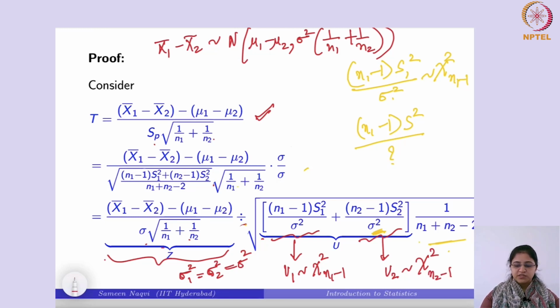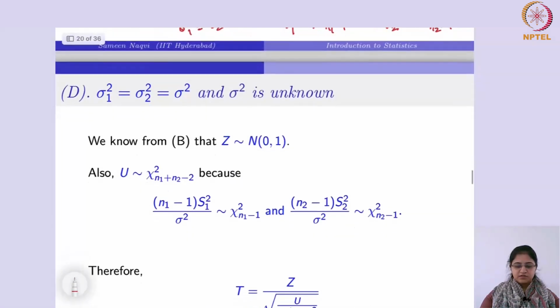So u1 plus u2 would follow chi-square with n1 plus n2 minus 2 degrees of freedom. So let us see that.